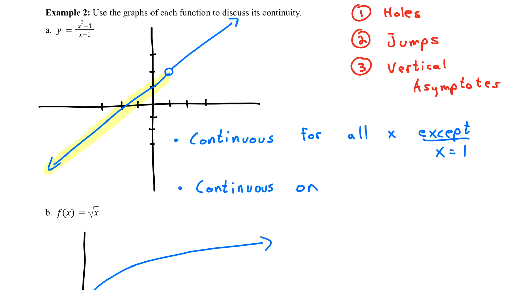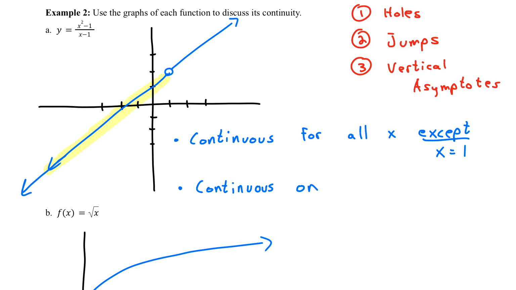And so on that left side of the hole, on the part of the graph that I've highlighted right here, when we talk about continuity, we're always talking about it in terms of x values. So if I wanted to give an interval to describe this highlighted section of my graph, I want to start with the leftmost x value, but this arrow pointing over here means it's going to keep going to the left forever and ever and ever.